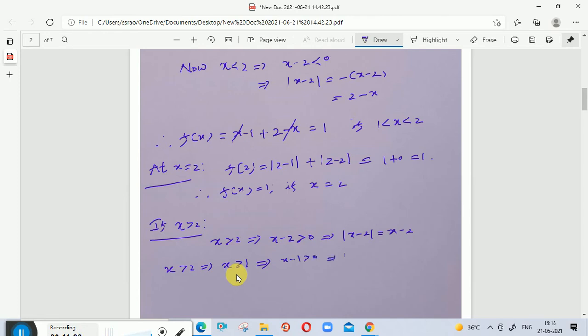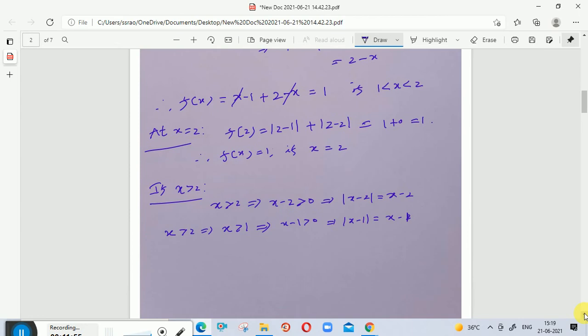That implies modulus of x minus 1 is equal to x minus 1. Okay, here x minus 1 is greater than 0 kabatti modulus of x minus 1 is equal to x minus 1.